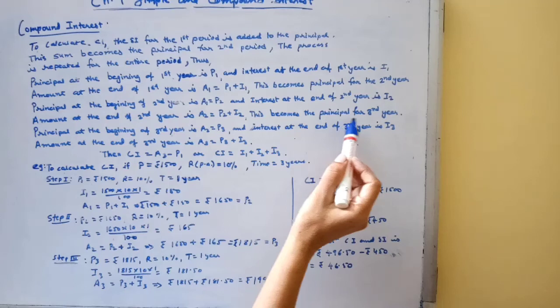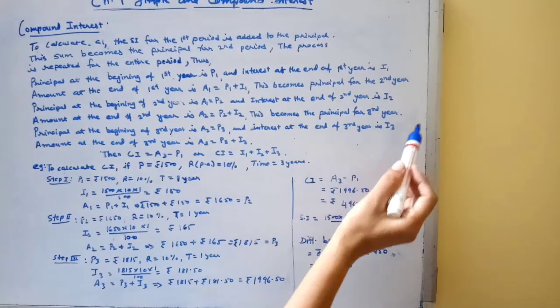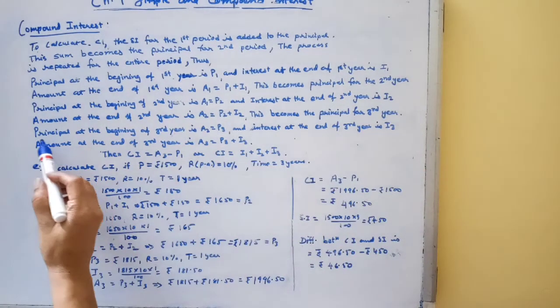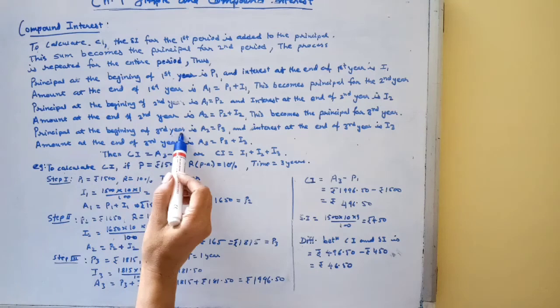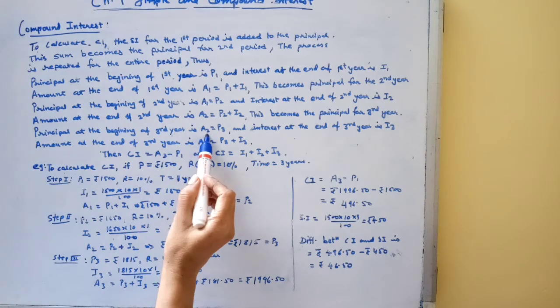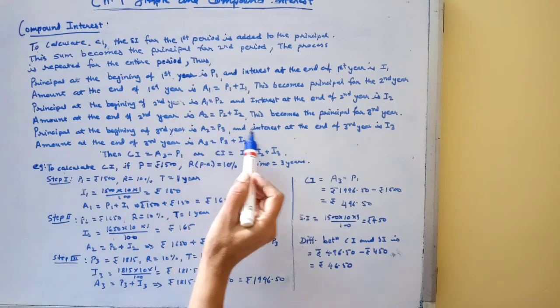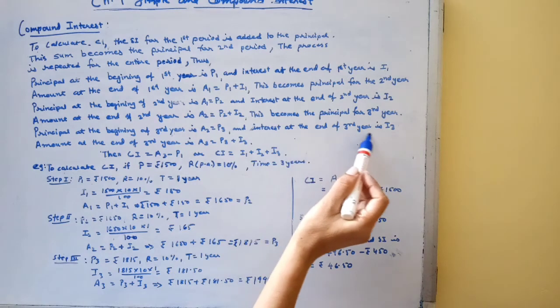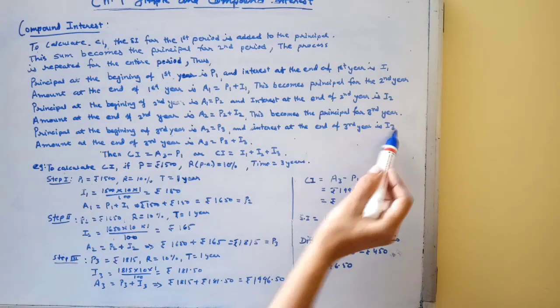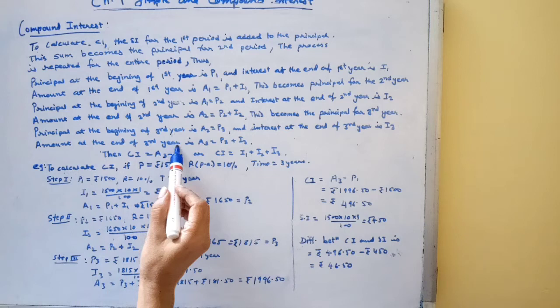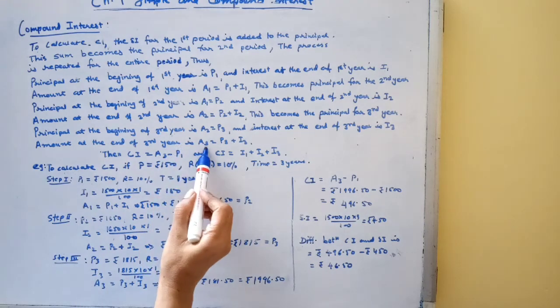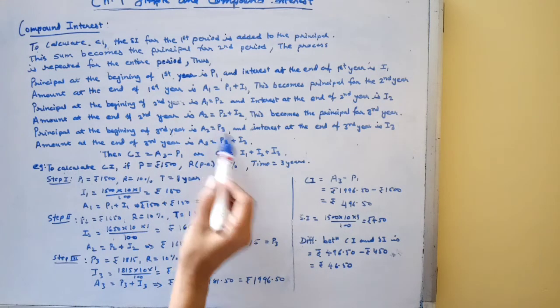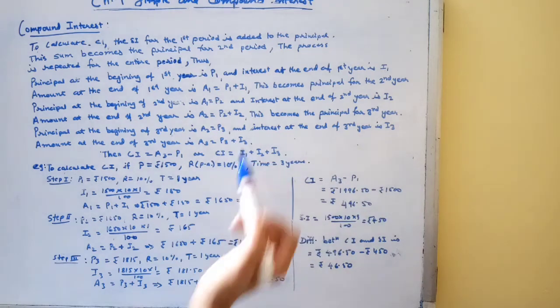This becomes the principal for the third year. Now the principal at the beginning of the third year is A2, that is P3, and the interest at the end of the third year is I3. Then the amount at the end of the third year is A3 equals P3 plus I3.